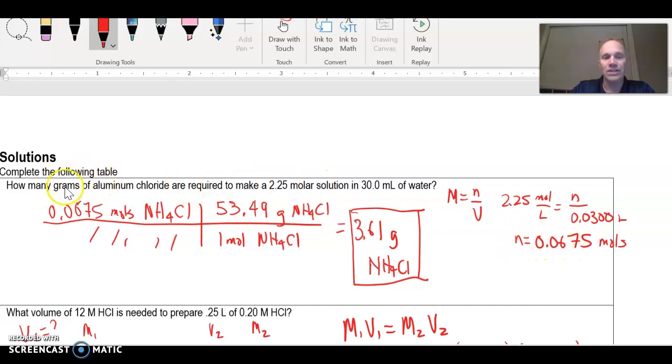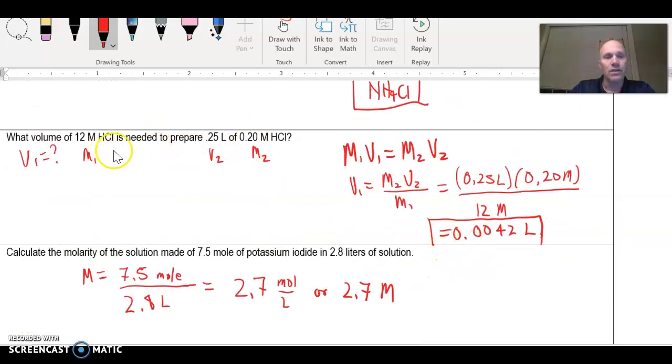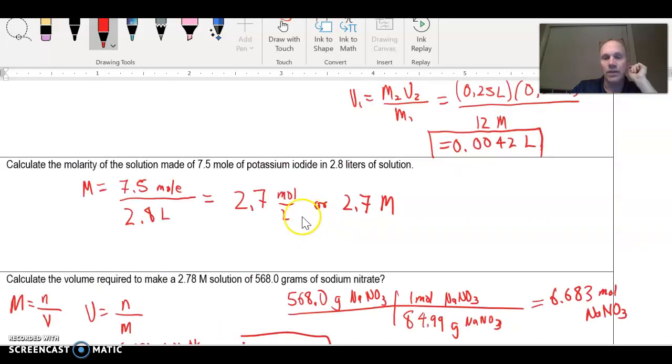But the question asks us how many grams, so we can do a one-step crossbar to calculate the number of grams. The next question is the dilution problem. We can use M1V1 equals M2V2. The thing we don't know is the original volume, so we put these values in, and we end up getting this value for the volume.